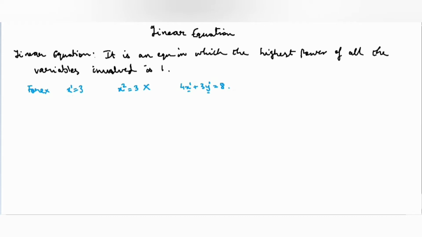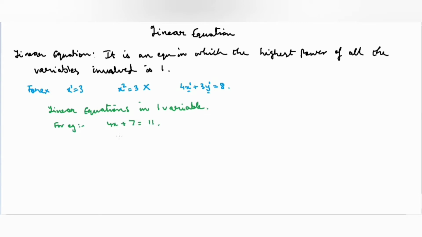Now let's move on to linear equations in one variable. For example, we have 4x plus 7 is equal to 11.